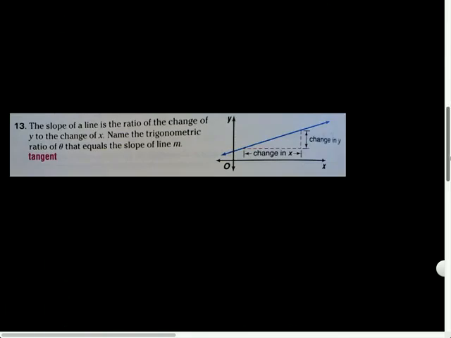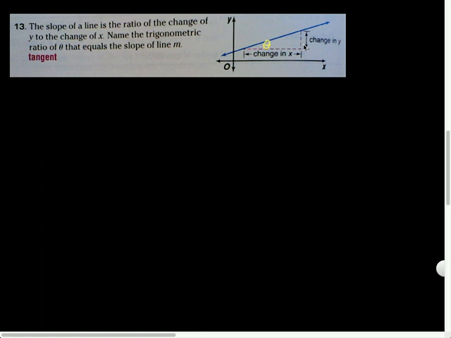Let's take a look at 13. It says the slope of a line is the ratio of change in y to change in x. Name the trigonometric ratio of theta that equals the slope of line n. I guess they didn't really label where theta was in this. So theta would be this angle right there. And I've got change in y, change in x.